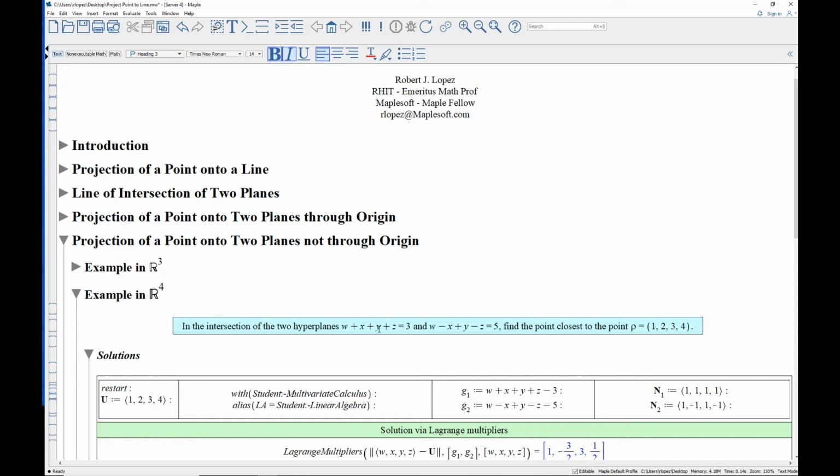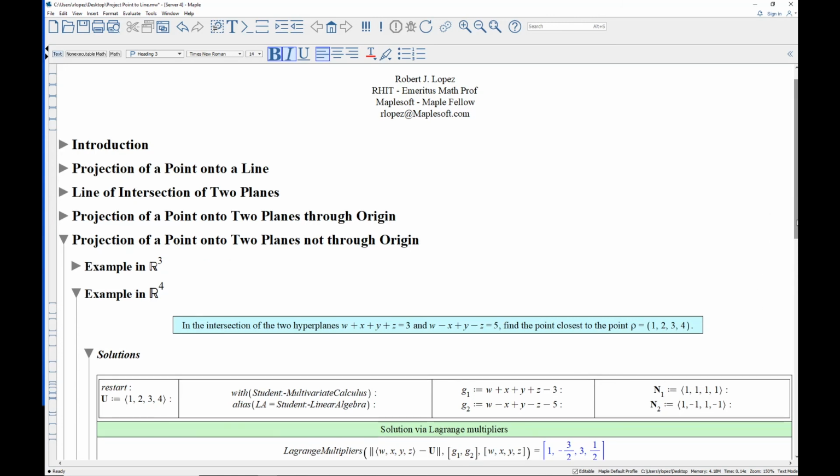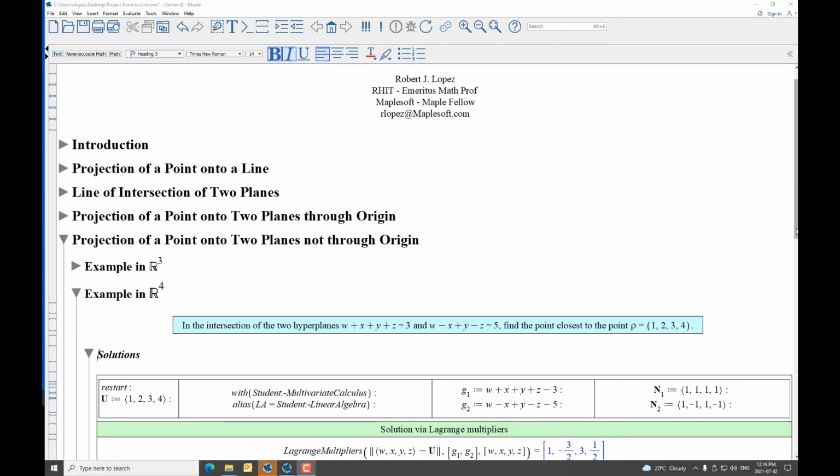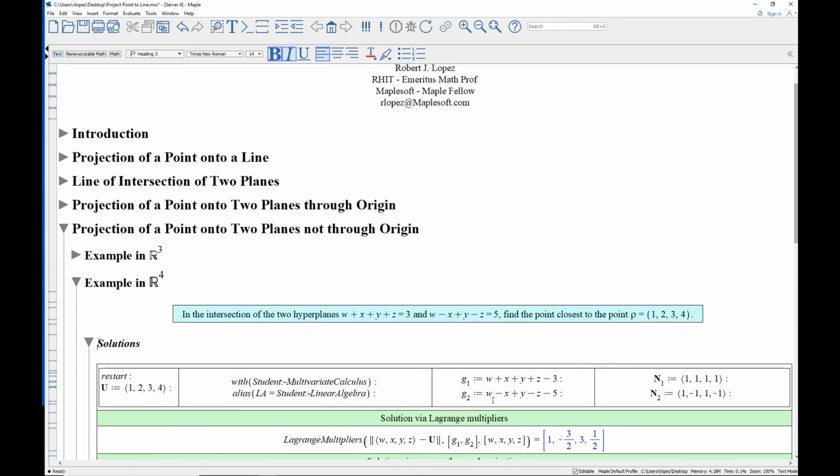Take the gradient. You'll get these normals, and you know that they were orthogonal to the planes. We know we can get a solution from the Lagrange multiplier technique. So this is the position vector to an arbitrary point w, x, y, z, minus u, this position vector here.